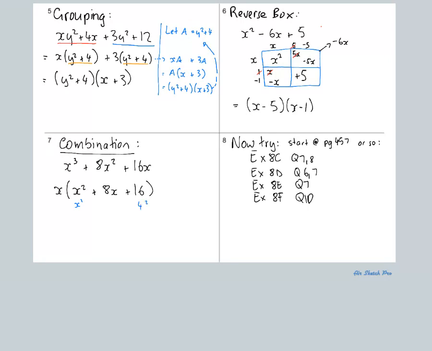Then I'm just going to check, do we have in the middle 2 times x times 4? Well, 2 fours are 8, so that should be 8x. Do I have 8x? Yes, I do. So that means I'm good to go. My fully factorized expression is x times (x plus 4) all squared. And I'm done. So you can see there were multiple factorizations there.